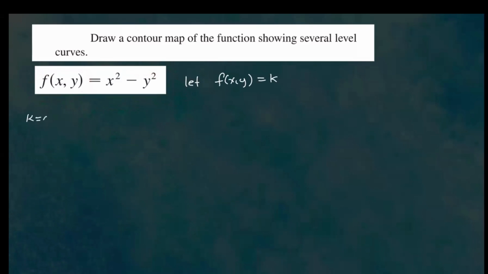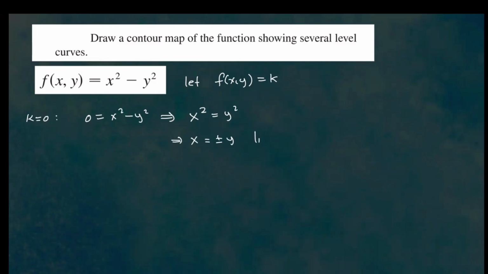If I start off with k equals 0, then I have my equation 0 is equal to x squared minus y squared. This is, again, a two-dimensional curve. If you try to reformulate this, you'll have x squared is equal to y squared. Then if I take the square root on both sides, I have x is equal to plus or minus y, or y is equal to plus or minus x.